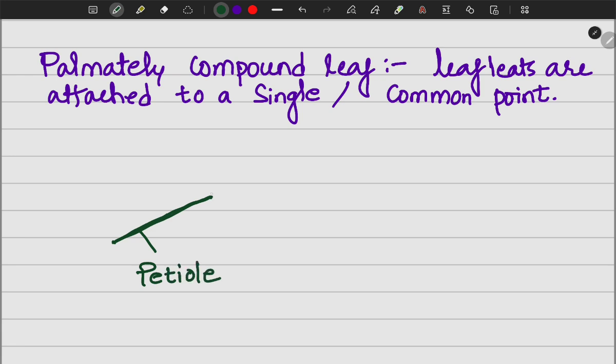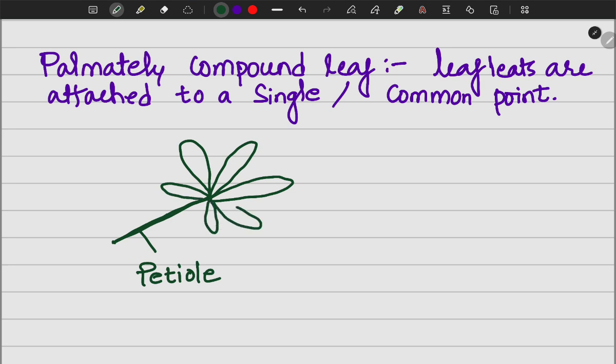So at the tip of the petiole, these leaflets will be arranged like this. They will have a common attachment point. It looks like a palm. If you look at the palms of your hand, this palmately compound leaf looks like the palm of our hands. That's why it is called a palmately compound leaf.